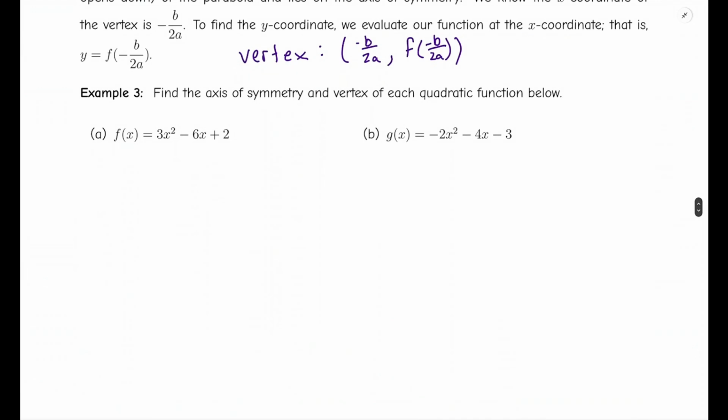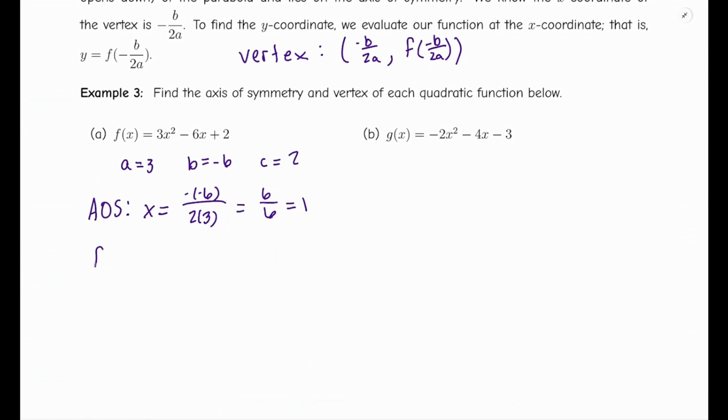Example 3. Find the axis of symmetry and vertex of each quadratic function below. Part A, f of x equals 3x squared minus 6x plus 2. a is equal to 3, b is equal to -6, and c is equal to 2. So our axis of symmetry will be x equals -6 all over 2 times 3, which ends up being 6 over 6, which is 1.